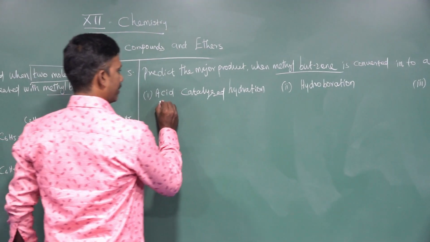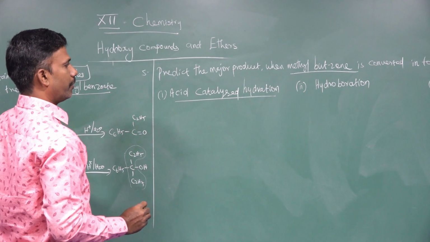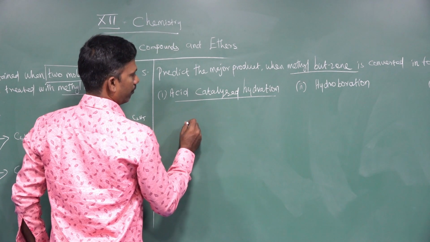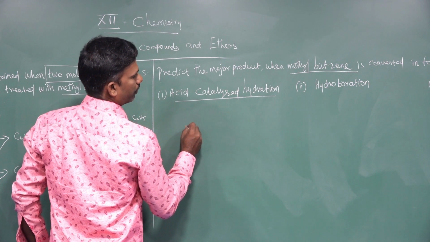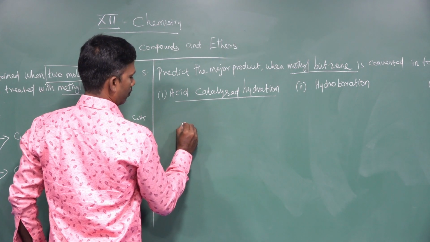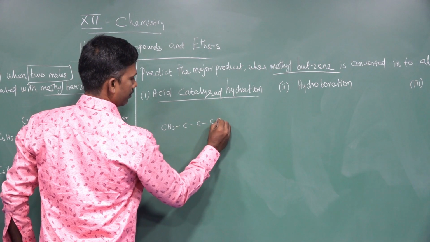So first, acid hydration. First of all, you have to write the formula for methyl butene. CH3, CH3.